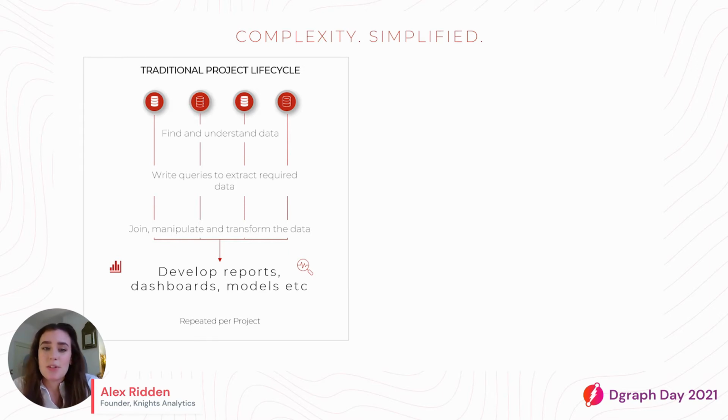There's lots of numbers floating around about how much time data scientists spend doing those three tasks before they can then actually create their models. But regardless of what that percentage is, it's definitely considered one of the most frustrating and time-consuming elements of their job.